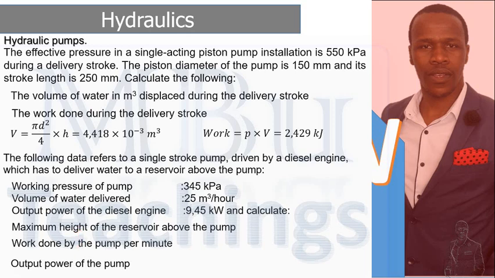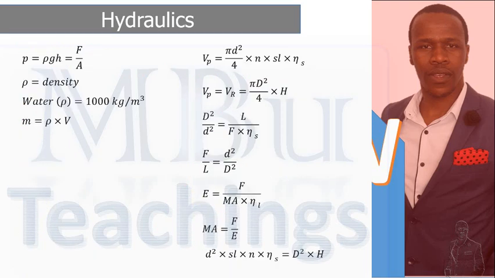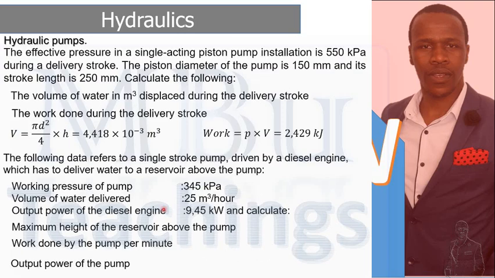Okay, so let me just show you this formula if you have forgotten it. Nope, it's not here. Yep, there it is. So P is equal to rho, it is 1000 times 10, times H, this is the one we want. Then P is also given in the question.